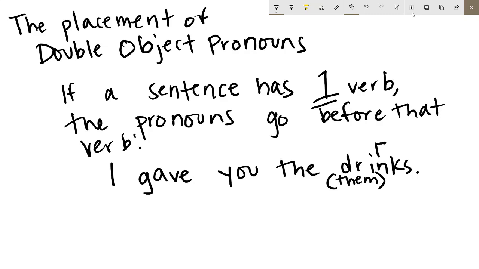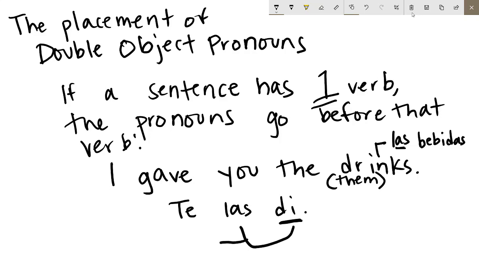So drinks in Spanish is las bebidas, and that is a feminine plural noun. So to write this out, it would be te las di. There's only one verb in this sentence, so therefore the object pronouns have to go before that conjugated verb.